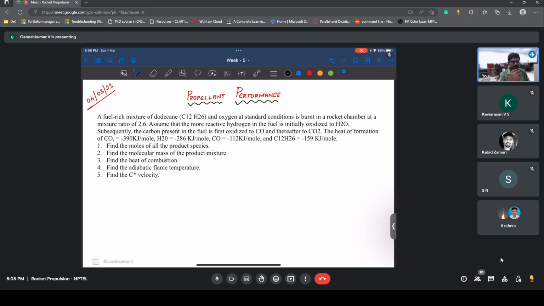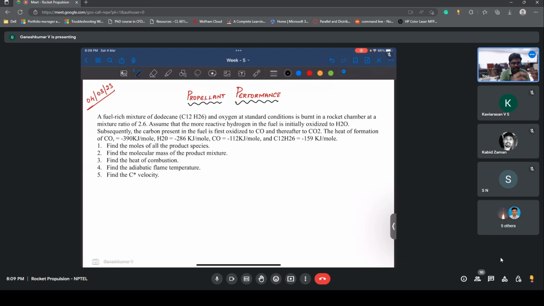Basically, it comes from the combustion of propellants inside the rocket motor. When you combust a propellant, it generates a lot of gases at high temperature, and because they are constrained in a chamber, it develops high pressure within the chamber.